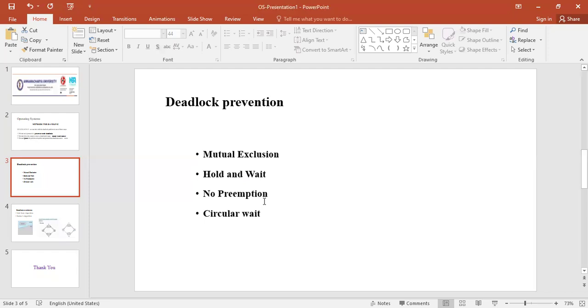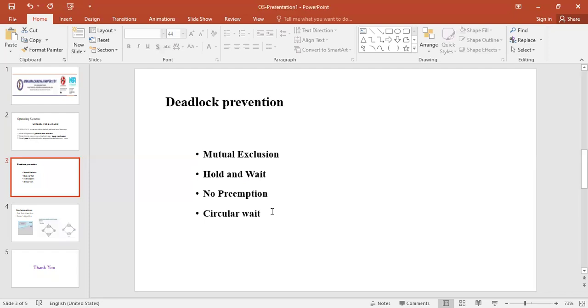What we are defining is that if any one of these four mechanisms is satisfied, the deadlock will not occur in the system. The first one will not work and the remaining three will prevent the deadlock.